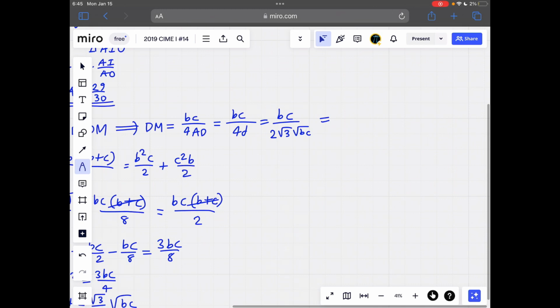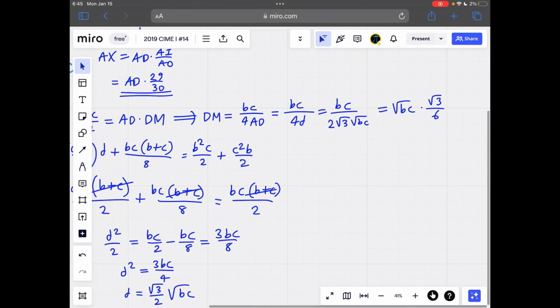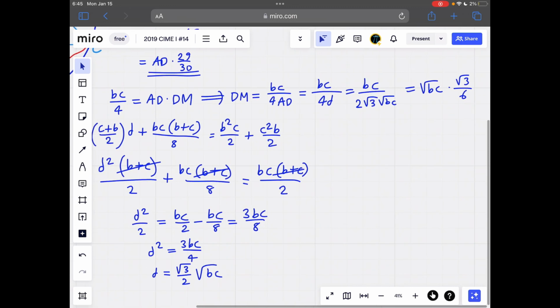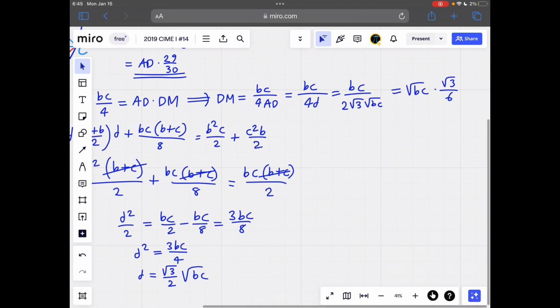And if you notice, BC over the square root of BC is just the square root of BC times 1 over 2 root 3, which is just root 3 over 6. So DM is equal to the square root of BC times root 3 over 6, and AD is equal to the square root of BC times root 3 over 2.